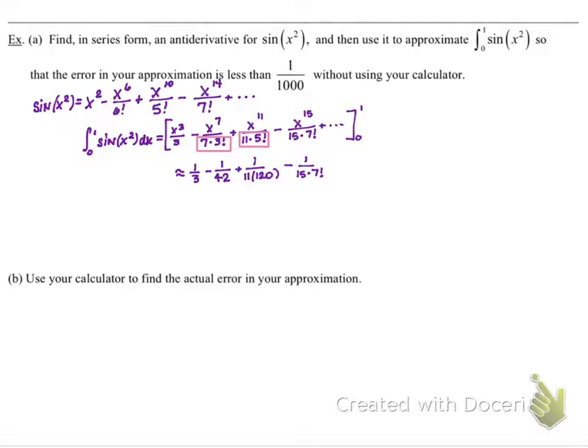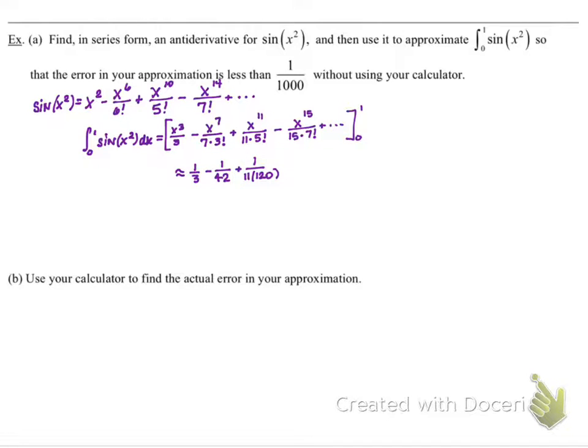Now, there is a tricky bit in all this. I went all the way down here to this 15 times 7 factorial, and all you need is a number smaller than 1/1000th, and you actually have it right in front of you with just the first two terms. So you don't need all of this, and what you have right here is your remainder, because 11 times 120 is definitely smaller than 1/1000.